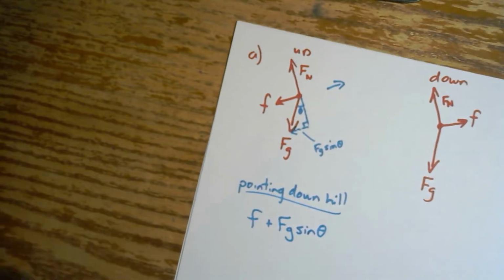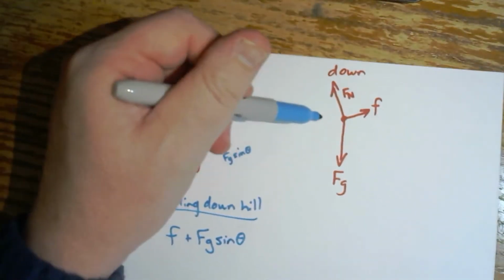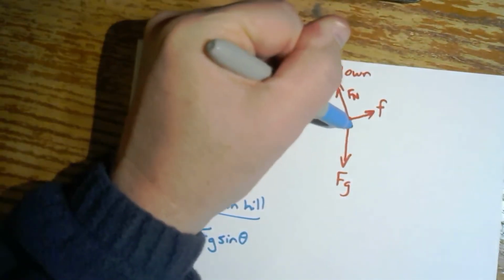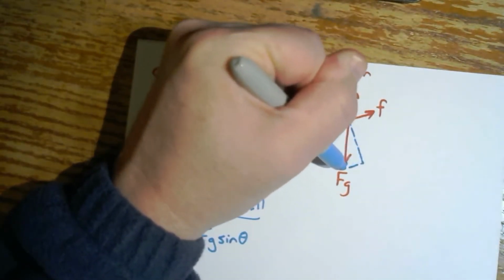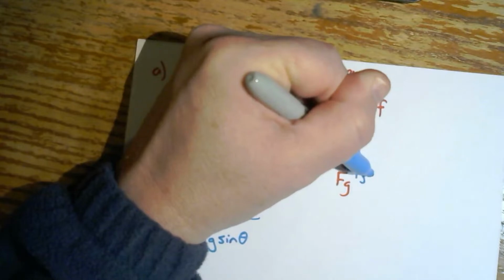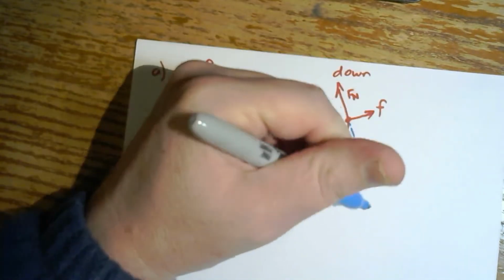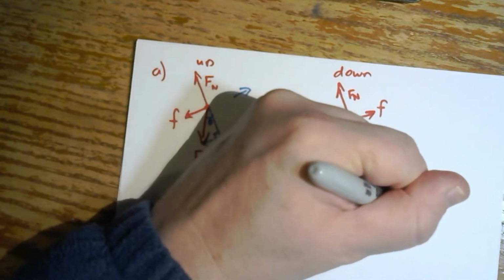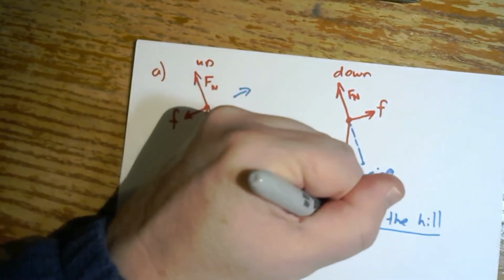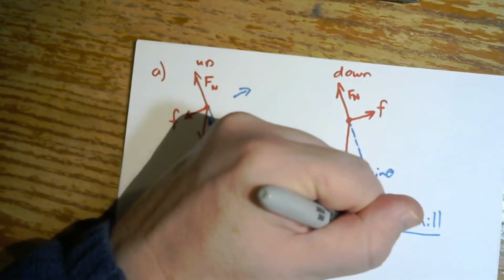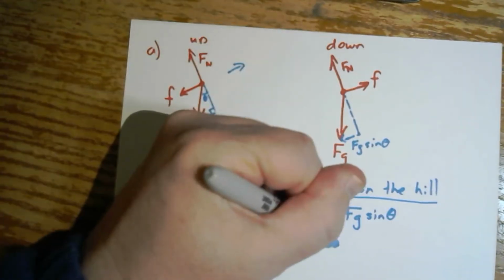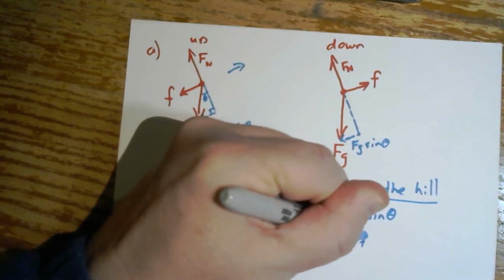All right. However, in the other case, when it's moving down the hill, you have that same component of gravity down the hill, Fg sine theta, pointing down the hill. However, you also have a frictional force pointing up the hill.